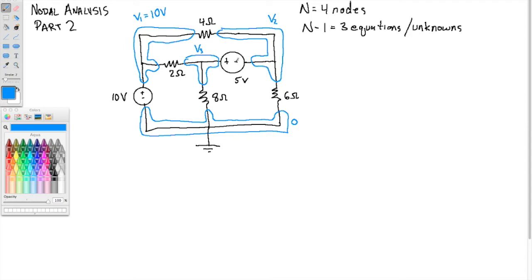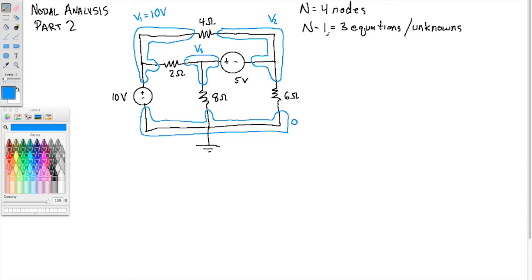Alright, now we know the relationship between nodes 2 and 3. We know that V3 is 5 volts higher than V2, but we don't know V2 and we don't know V3, so now we're kind of stuck.